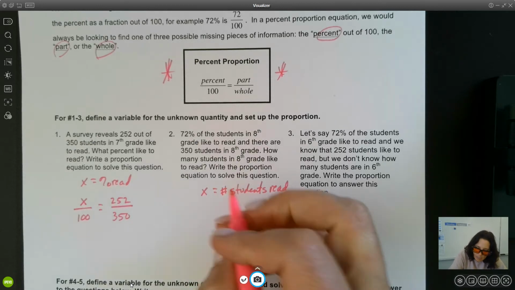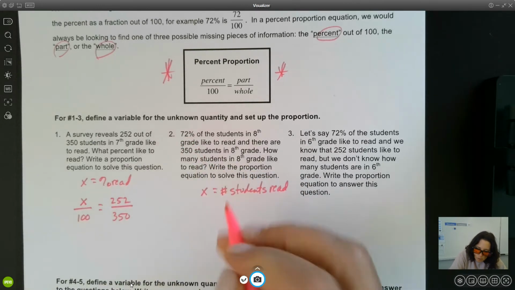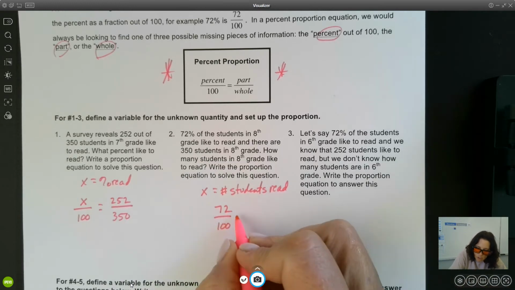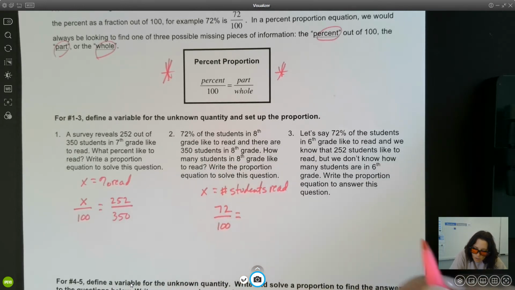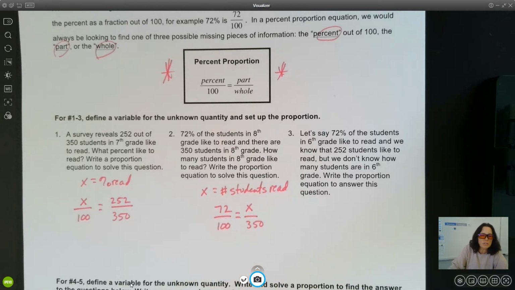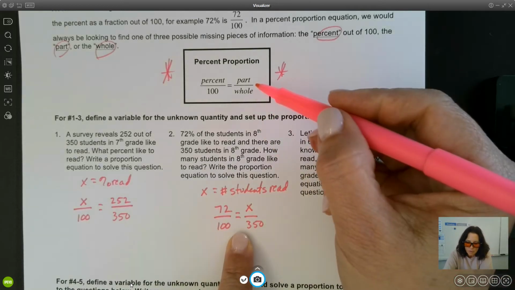We've got 72 is our percent, so we put 72, don't put the percent symbol, 72 over 100 equals, we're looking for the portion, the part of kids out of the 350 students. So this would be your setup if we're looking for the part.